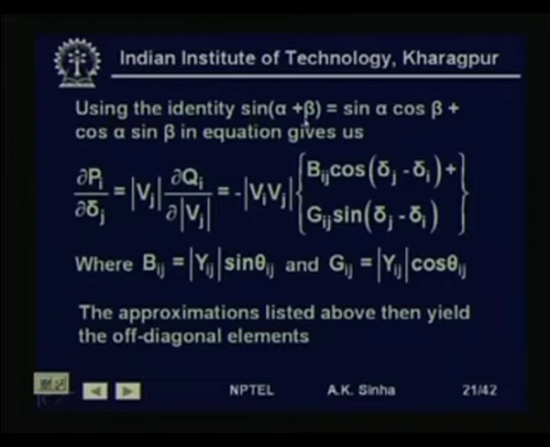Using the identity sin(alpha + beta) = sin alpha cos beta + cos alpha sin beta in the equation gives us del pi by del delta j is equal to Vj del Qi by del Vj.